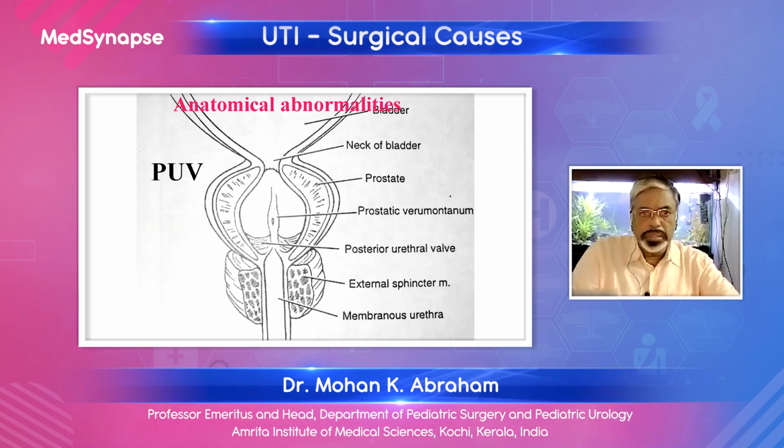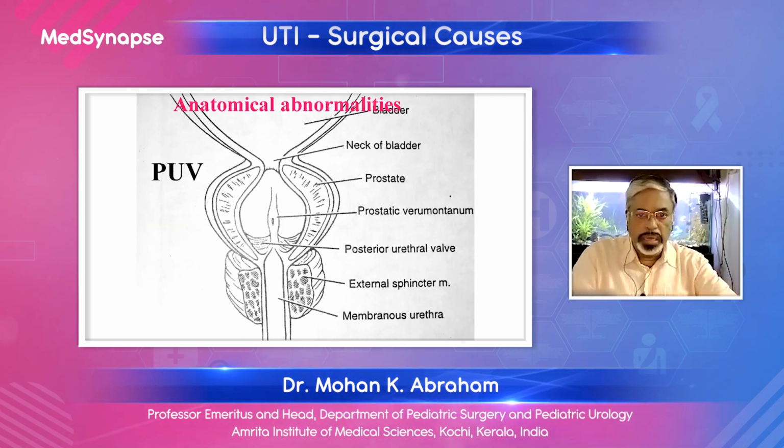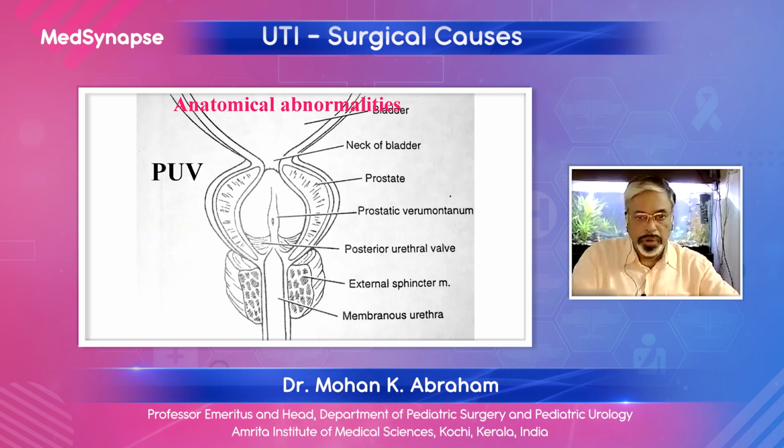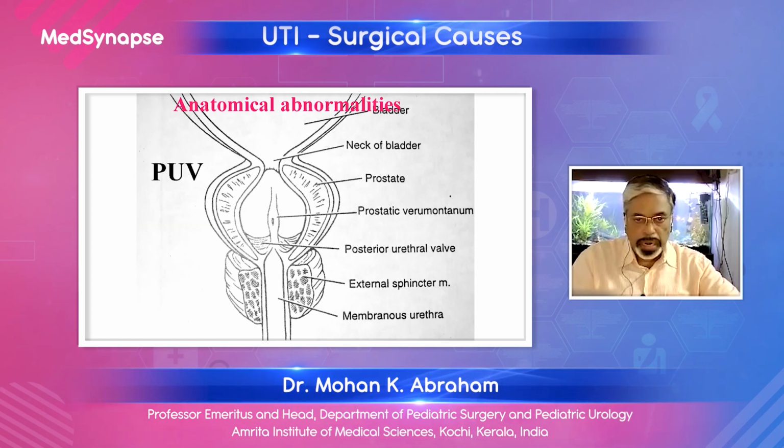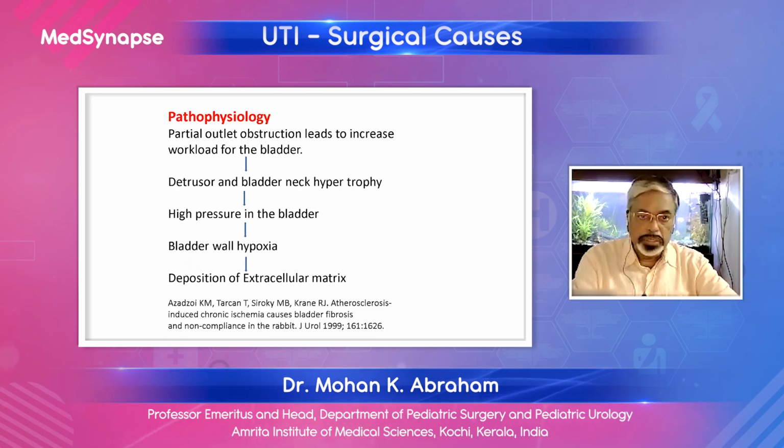I'll start with common things like posterior valve. These are two valves that come from the verumontanum and get inserted anteriorly. What happens is when the child tries to void, these valves fill up and obliterate the lumen. And that obliteration leads to detrusor and bladder neck hypertrophy.